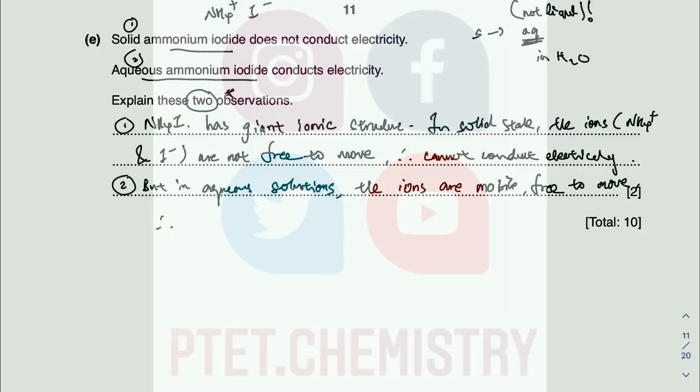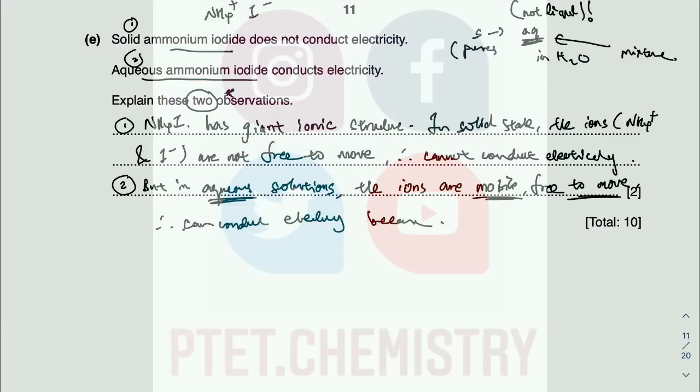So you have NH4+, I- in water, so it's a mixture. This is a mixture, whereas this is a pure ionic compound. When they are free and mobile to move in the aqueous solution, therefore can conduct electricity because of free mobile ions. Actually, it's kind of repetitive. Once you say mobile and free to move, therefore can conduct electricity, that will be fine already.